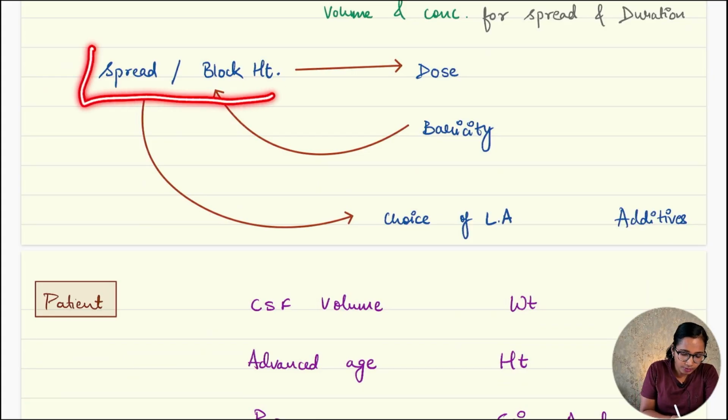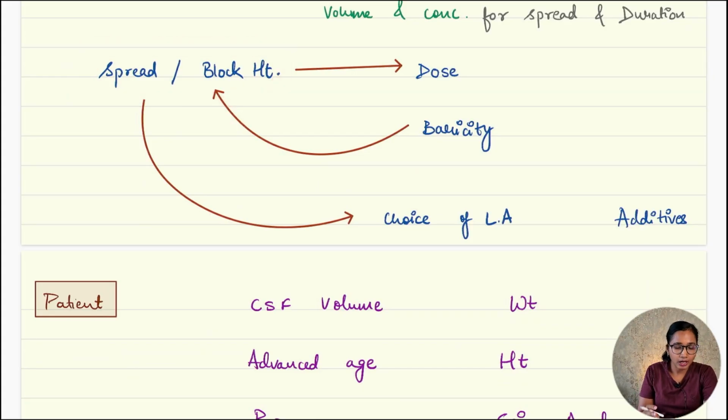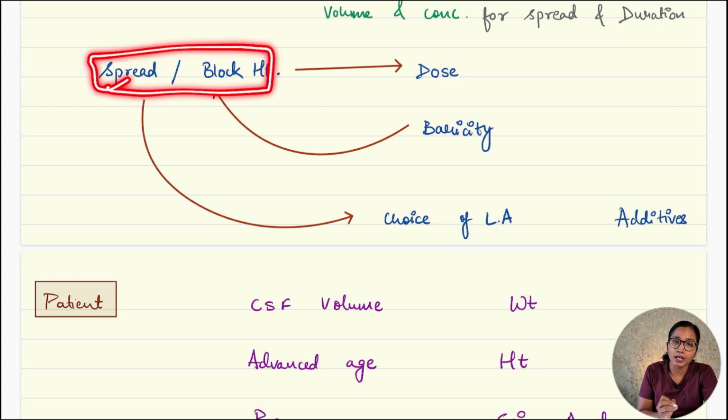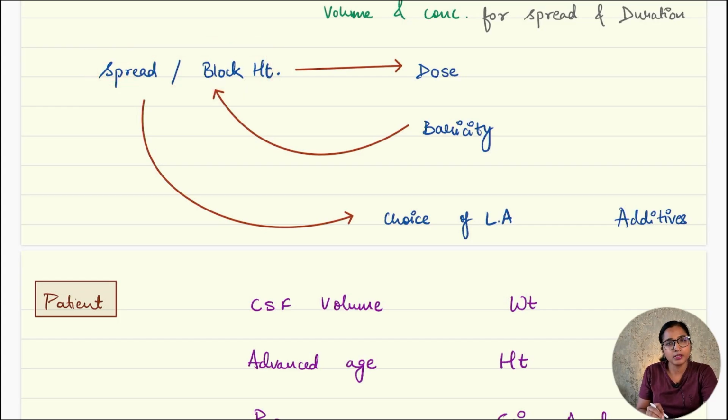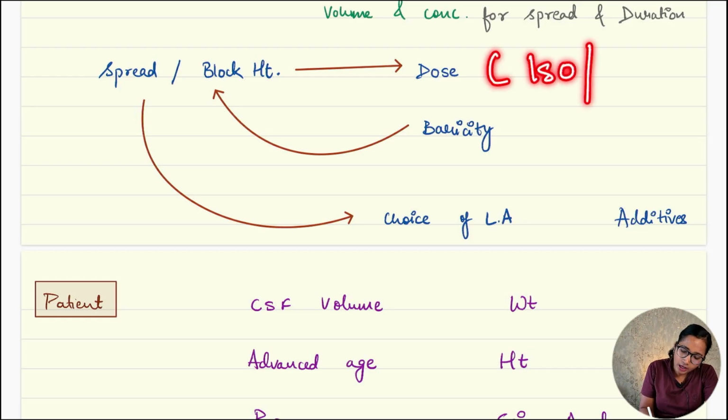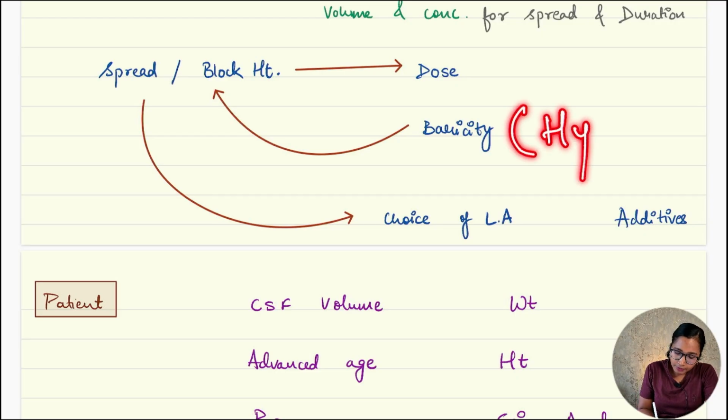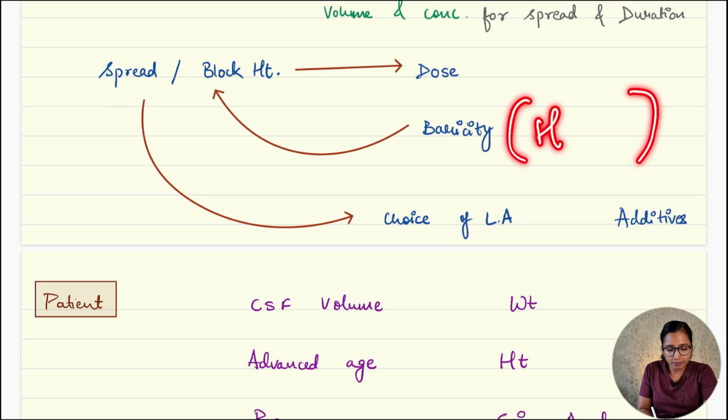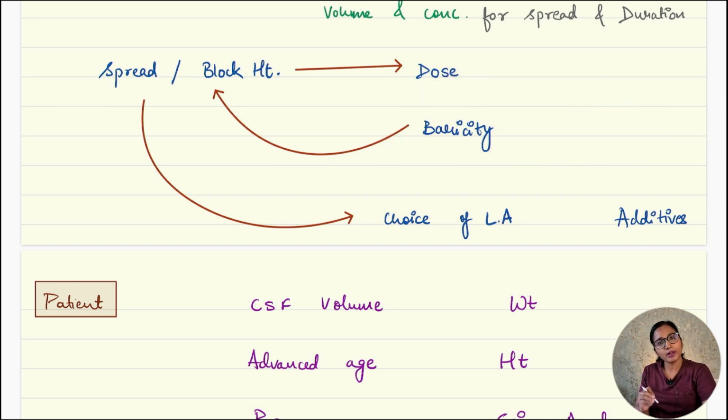If we talk about spread and block height, then dose is the most important factor for an isobaric drug and for a hypobaric drug. Whereas for a hyperbaric drug, the most influential factor is baricity.